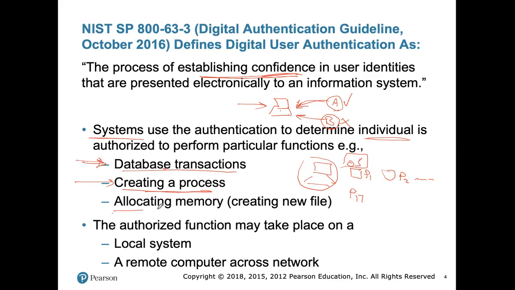Another function where we may need to make sure who is doing it and whether he or she is allowed to do it is allocating memory. These are, of course, just some examples. We may expand this list to many other functions. Again, you have a computer and there is main memory in that computer. The bigger the memory a process gets, the faster that process will run.